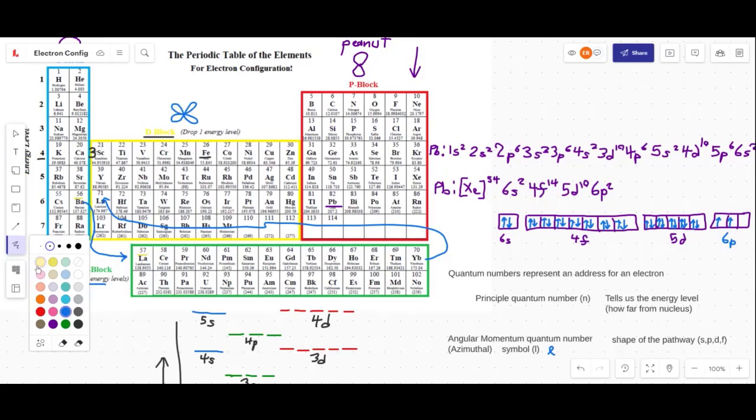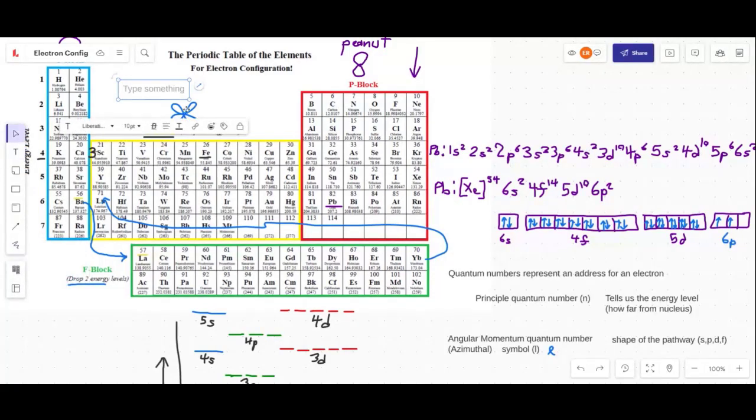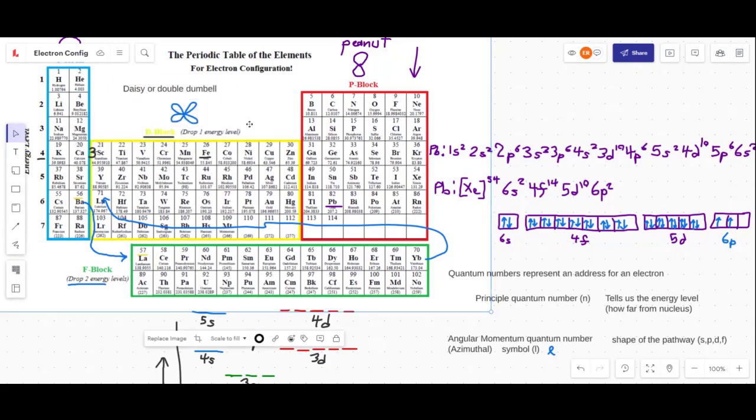Some people say double dumbbell. Some people say daisy. You can do whatever you want with it, but I'm going to say daisy or double dumbbell. Sphere, peanut, daisy, or double dumbbell.